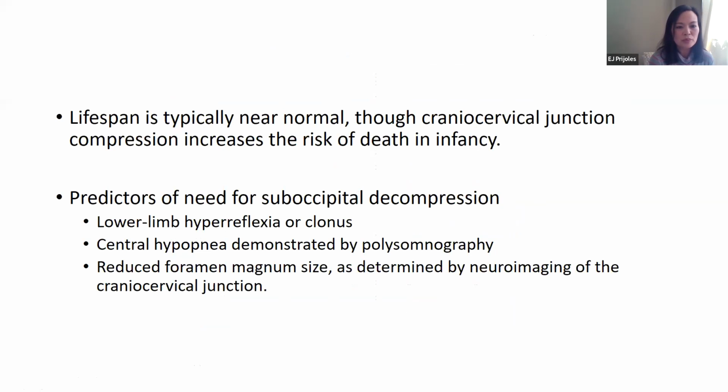And so some of the predictors of the need for suboccipital decompression, some of the clinical features that are helpful to note are whether or not an individual has lower limb hyperreflexia or clonus, central hypopnea on a sleep study, and it's important to get neurosurgery involved in terms of a proper time and specific imaging studies that might be helpful to better look at the foramen magnum and any areas that might be suggestive of compression.